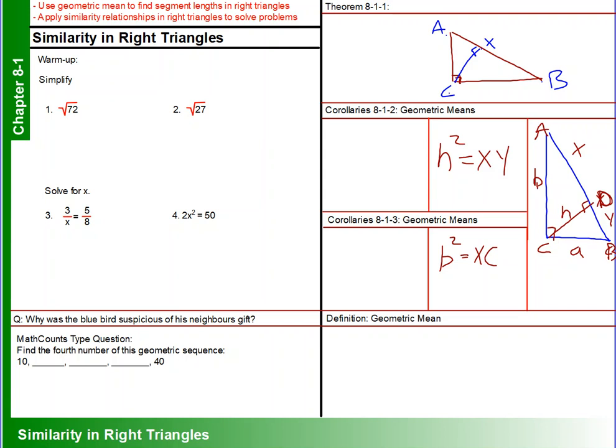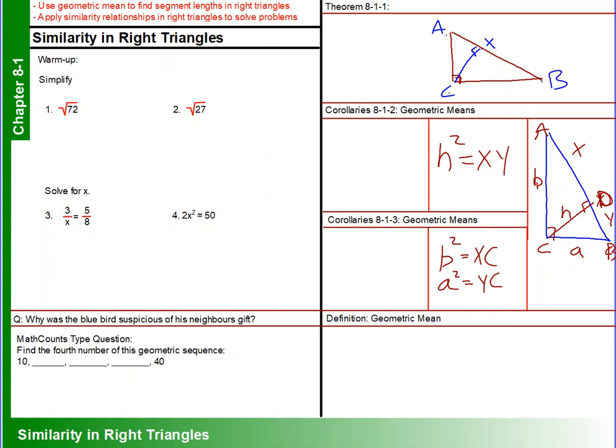Well, if b squared is equal to x times c, then we also know that a squared is going to be equal to y times c. And those are some really cool relationships that we have in a right triangle with an altitude that comes out of the vertex that is also the right angle.